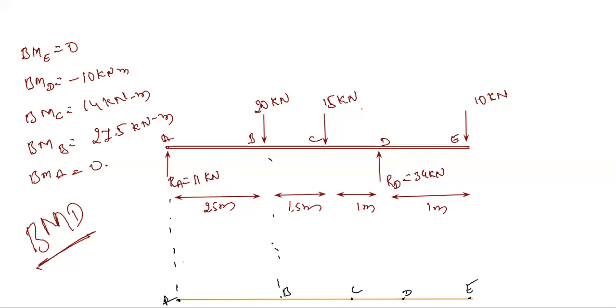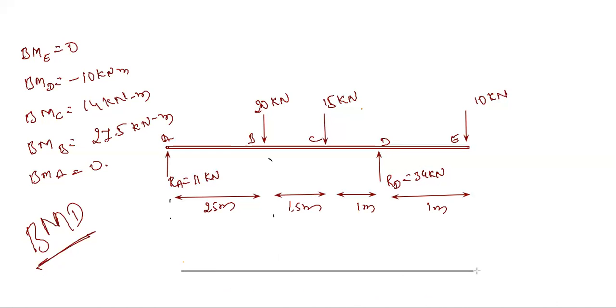At a point D, we have a negative value, minus 10, so you better draw this line over here, because we have a negative value which we need to show below the reference line.